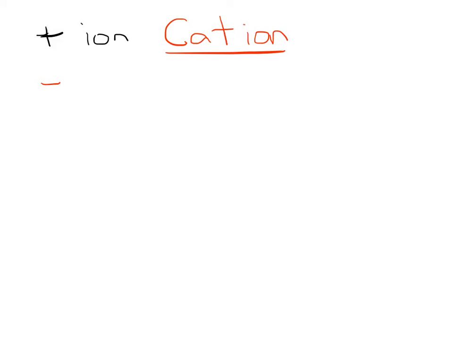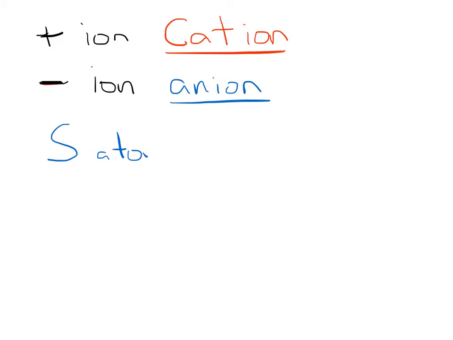A negative ion is known as an anion. Okay? So, for example, let's look at a sulfur atom. Say the sulfur atom gains 2 electrons.